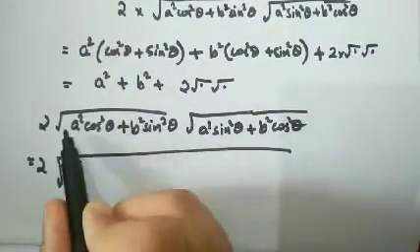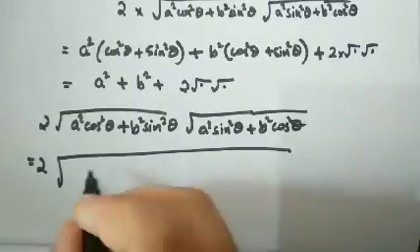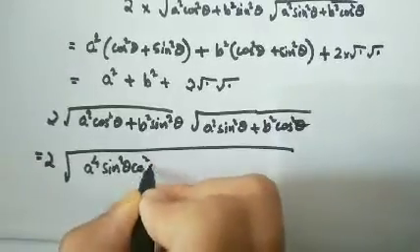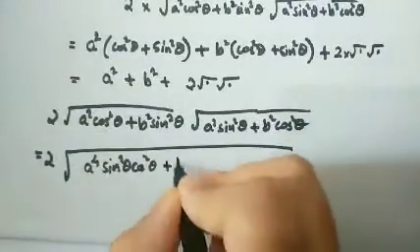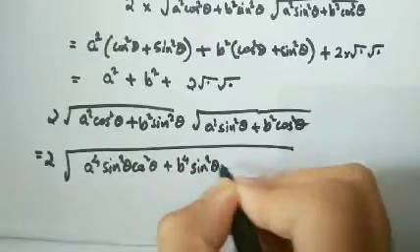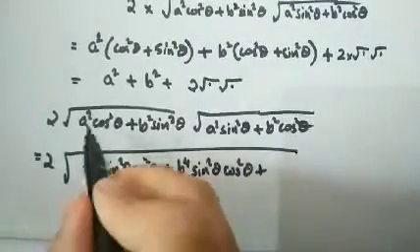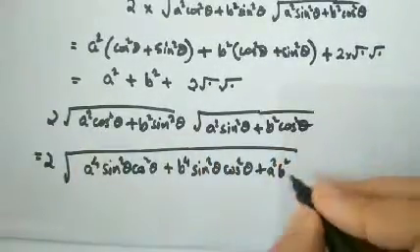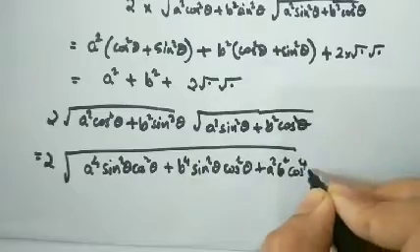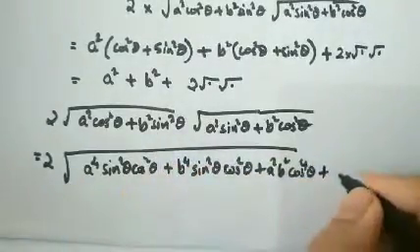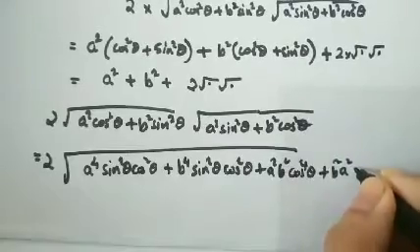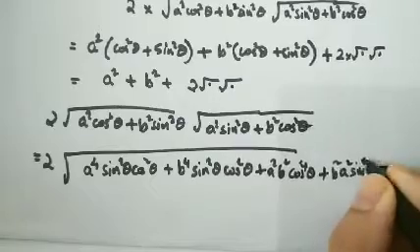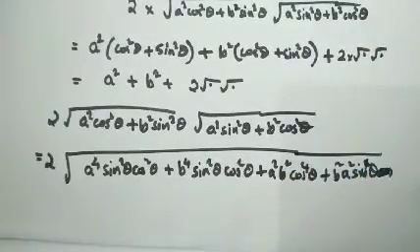First term will be a square cos square theta into a square sin square theta, that is a raised to 4 sin square theta cos square theta. Same type, this into this, that is b raised to 4 sin square theta cos square theta, and this into this, that is a square b square cos raised to 4 theta, plus this into this, that is b square a square sin raised to 4 theta. This many terms will be coming.